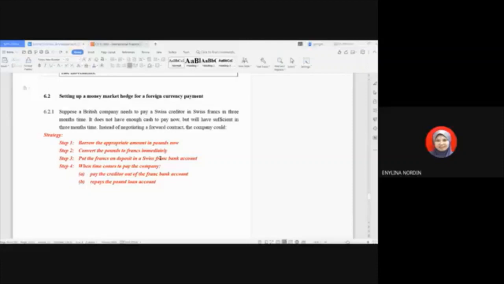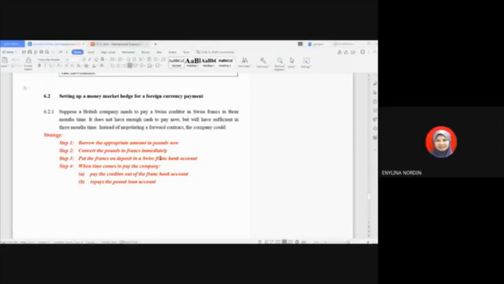After you convert the pound into franc, you put this foreign currency cash on a deposit account until the maturity period, which is the payment date. So you keep the money for 3 months in order to earn interest on the principal amount of deposit.